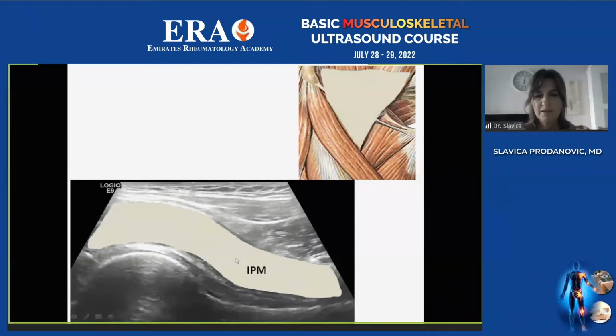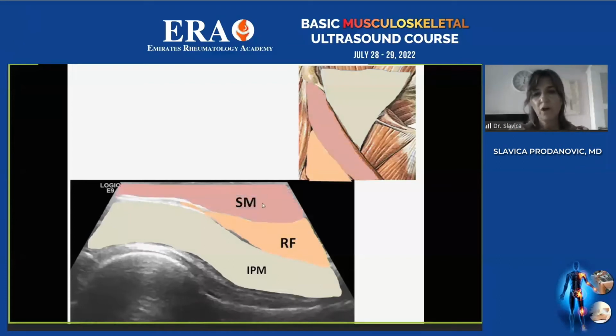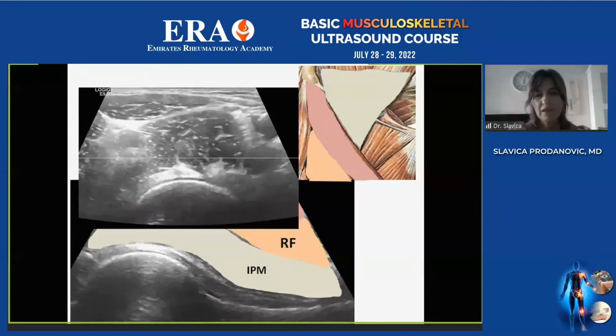And as you can see, we also have muscles. The first muscle so close to the joint recess is the iliopsoas muscle. Then we have the rectus femoris muscle, and at the top of this image the sartorius muscle is located. This is a transverse view of the hip joint.